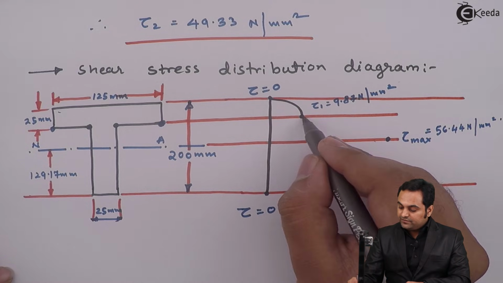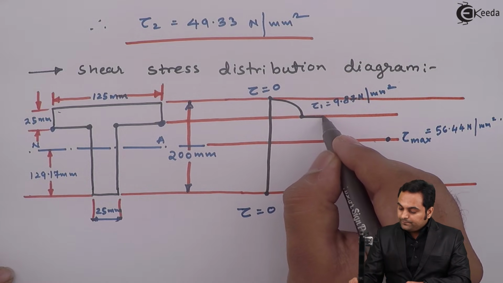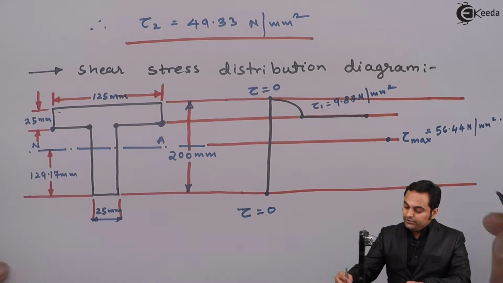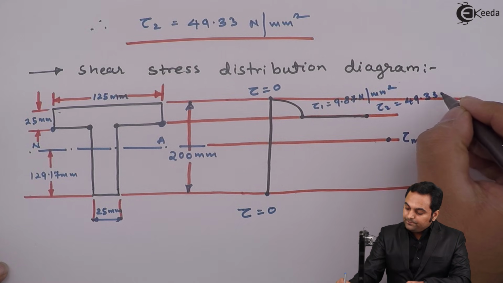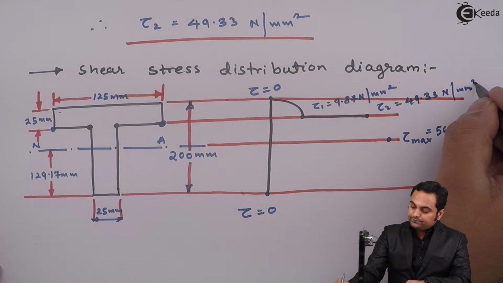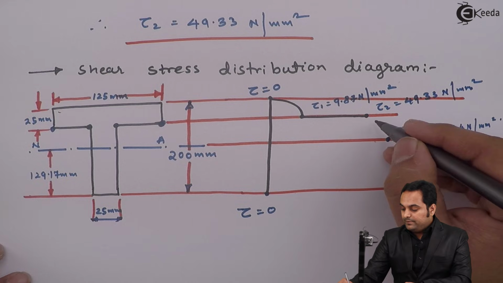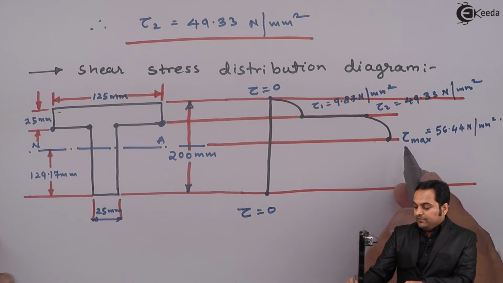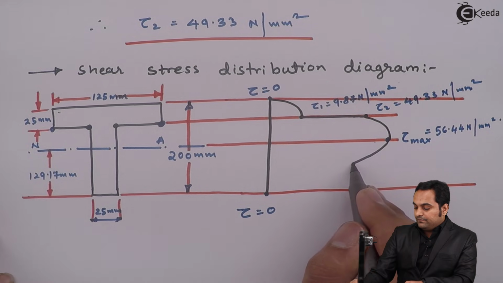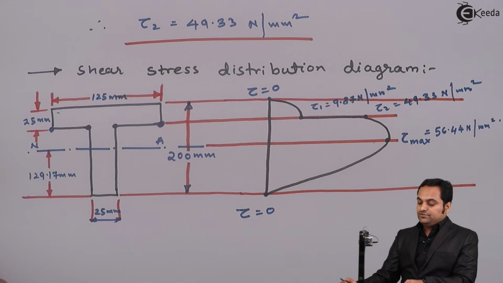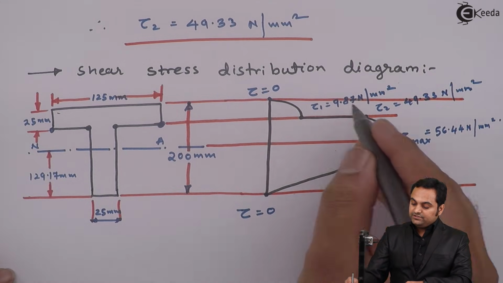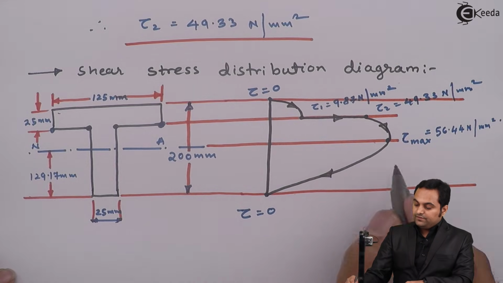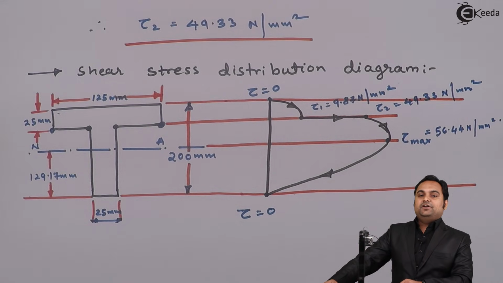From 9.87 it will go on increasing up to 49.33 Newton per mm square, and then it will reach a maximum value here, and after reaching the maximum value again it will go on decreasing such that it becomes 0. So this is the shear stress variation as we can see here, and with this we complete the question.